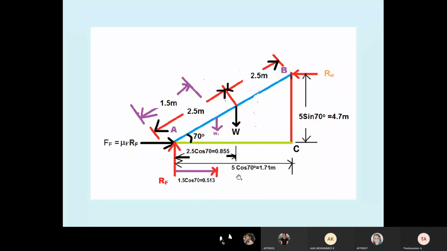Then AC, that is L cos theta, 5 cos 70, 1.71. Then another important point: the weight acts perpendicular downward. Therefore, with respect to A, what is the weight distance? That is 2.5 into cos 70. Similarly, for the weight of the man, 1.5 into cos 70. So we calculate 0.513 and 0.852.